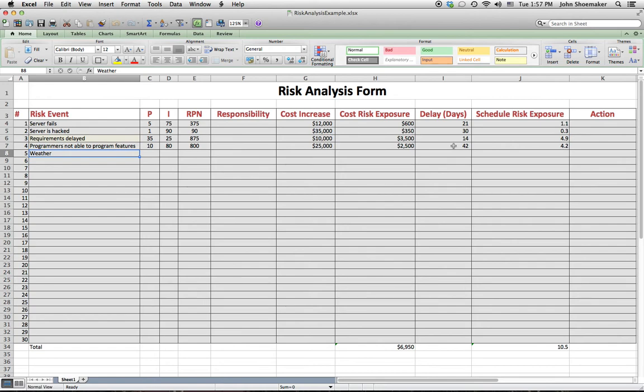Okay, so we've got avoidance and we have mitigation. A third one that we can use is called transference. That is where we transfer the risk to somebody else.